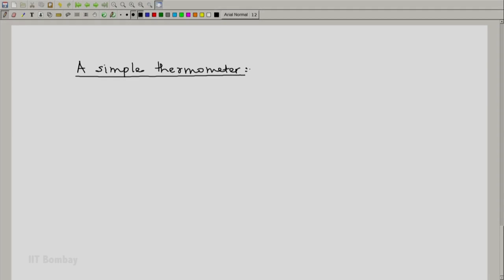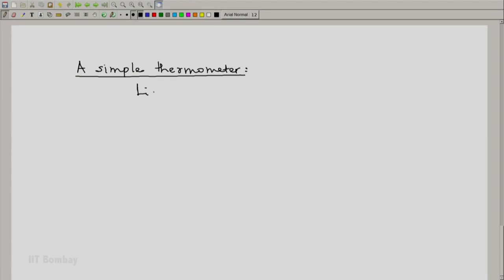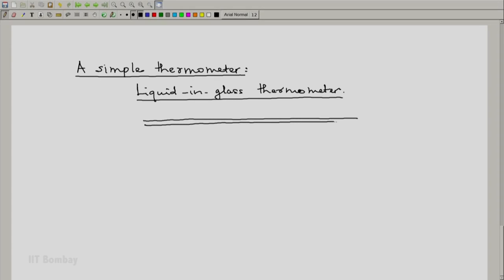This is the type of thermometer which all of us have seen at home, in schools, in various offices. It was earlier known as the mercury in glass thermometer, now better known as the liquid in glass thermometer. This system has a long capillary, exaggerating the bore, and at one end there is a bulb.